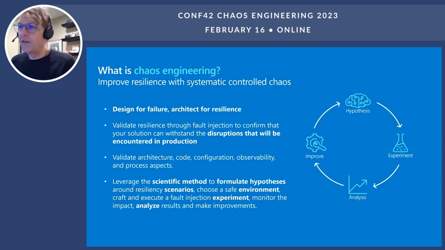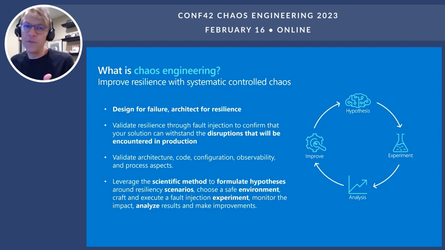With chaos engineering, you're not just validating that you've chosen the right architecture and that your code doesn't have any bugs. You're also validating that you've configured everything correctly, that you've got the correct observability and monitoring in place. And then you're also able to validate your process aspects.